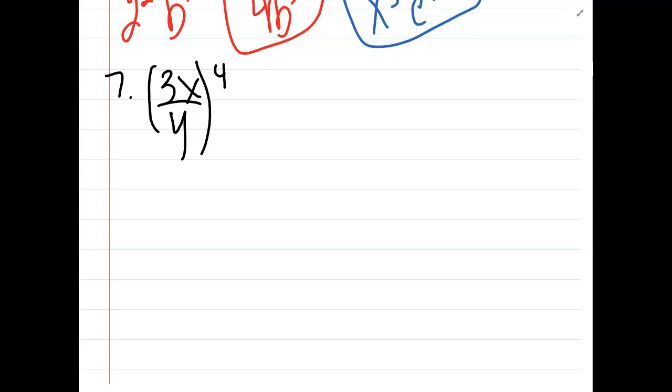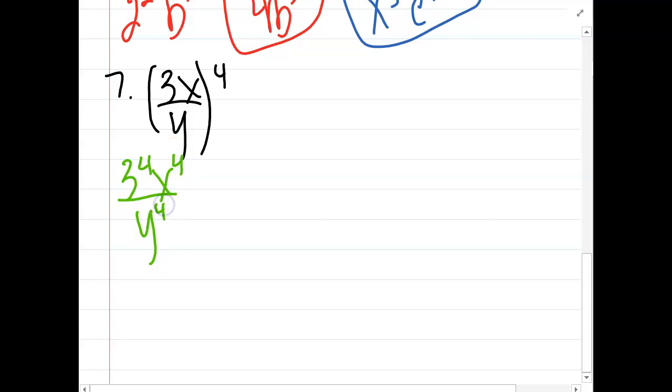Everything in the numerator gets the exponent. Everything in the denominator gets the exponent. Don't forget about the number. You have to take 3 to the 4th, x to the 4th, and y to the 4th. Everything gets the exponent. And the only thing you can do here, 3 to the 4th, 3 times 3 times 3 times 3, will give you 81 x to the 4th over y to the 4th.